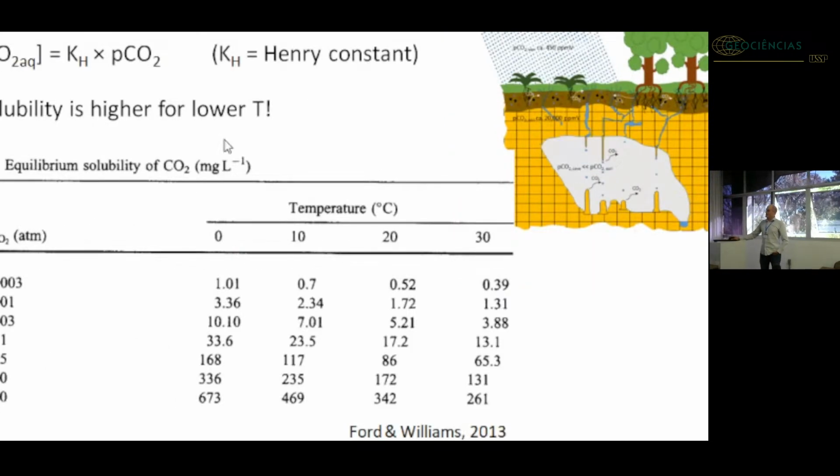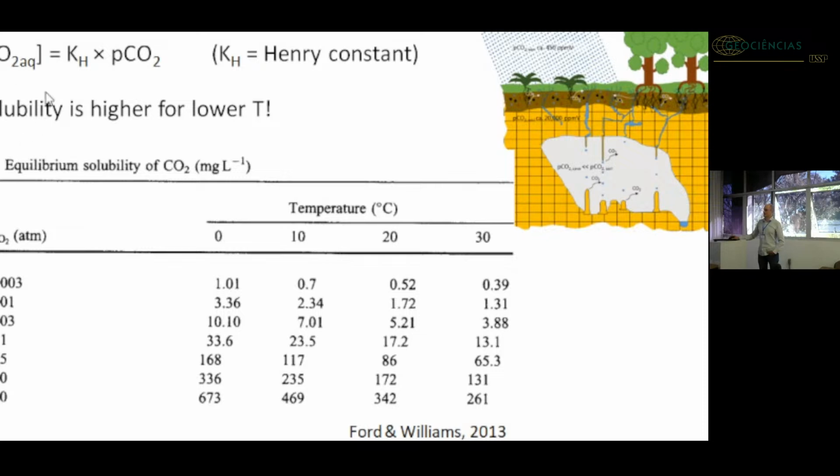Okay, so what happens when the water enters the soil zone, where you have the high PCO2 values? The CO2 is then dissolved in the seepage water, and this can be described by Henry's law. Basically, this is the Henry constant times the partial pressure of the gaseous CO2 in the soil zone, and this gives you the concentration of the dissolved CO2 in the solution.